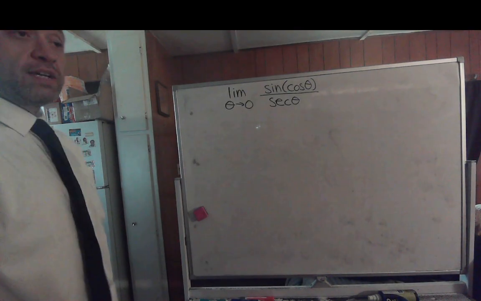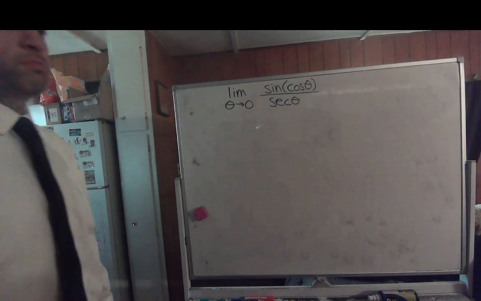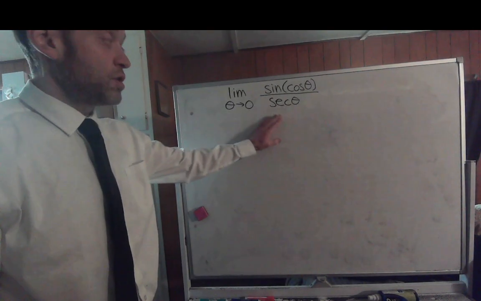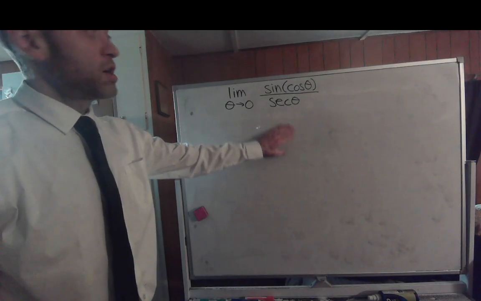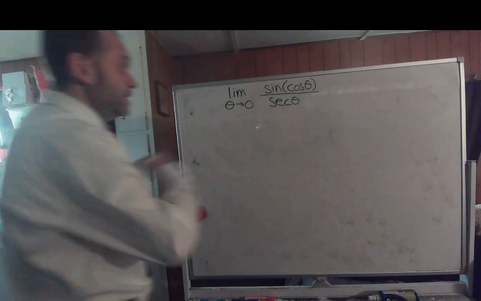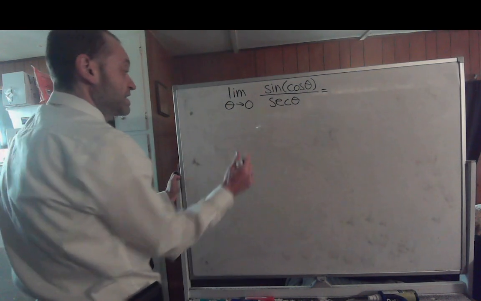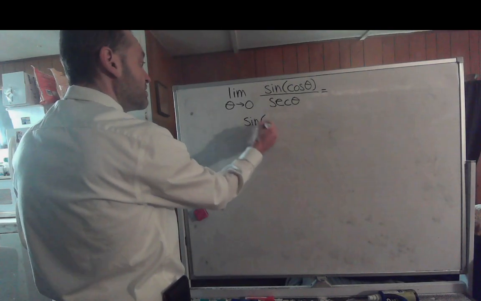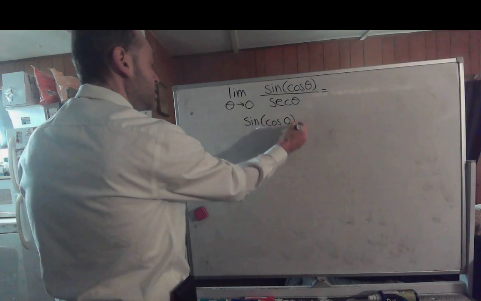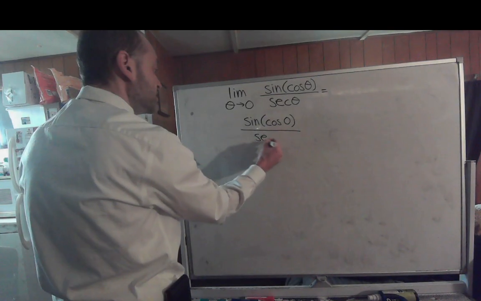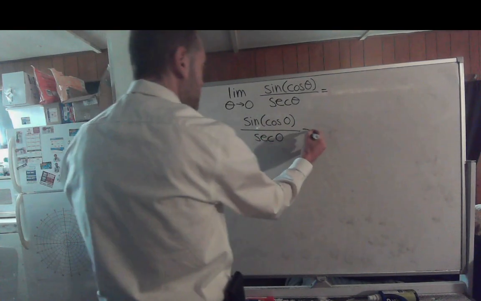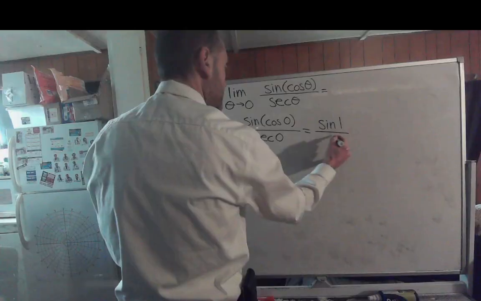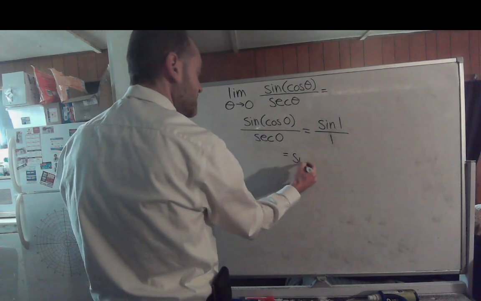Well, believe it or not, we can do direct substitution, because in the denominator, the secant of 0 is 1, isn't it? Cosine of 0 is also 1, so we didn't have to pull any fancy techniques with this. This would give you the sine of the cosine of 0 divided by the secant of 0. Cosine of 0 is 1. That gives you the sine of 1 divided by 1, which would just give you the sine of 1.